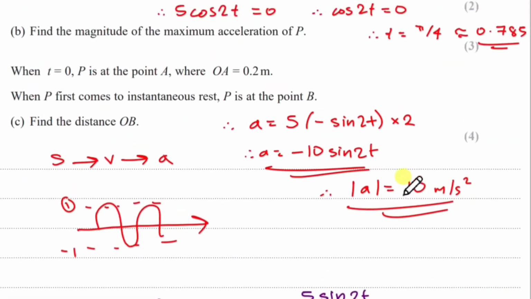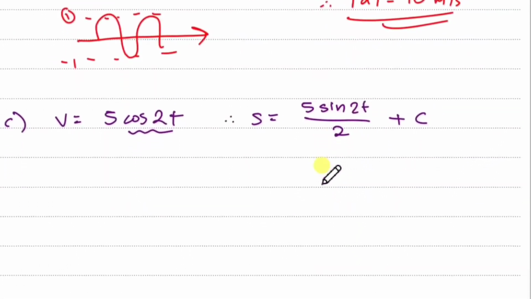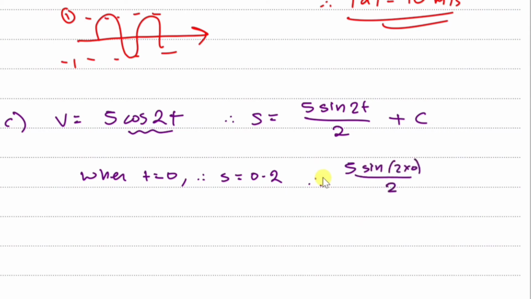Now going back here, what's it telling us? It's saying that when t is 0, the distance is 0.2 meters. So let's plug that in. These are your initial coordinates. When t is 0, the displacement s is 0.2. So you're going to have 5 sin 0 over 2 plus c must equal 0.2.